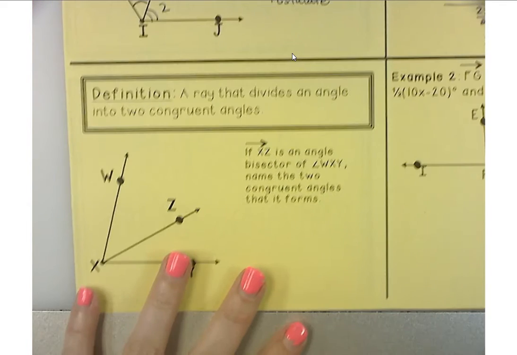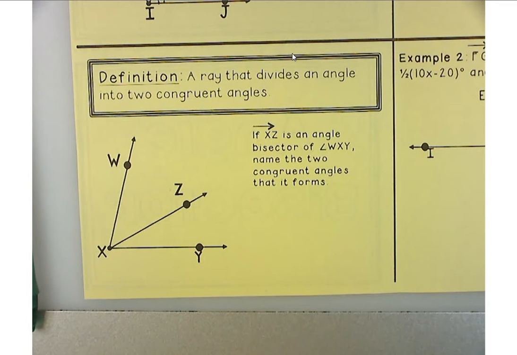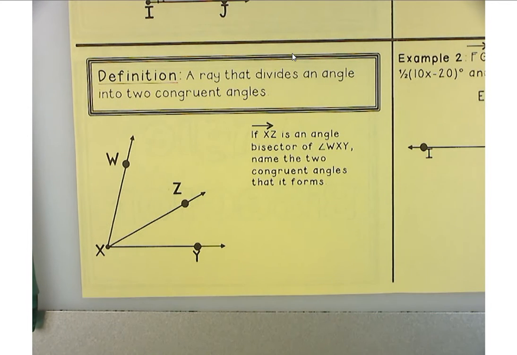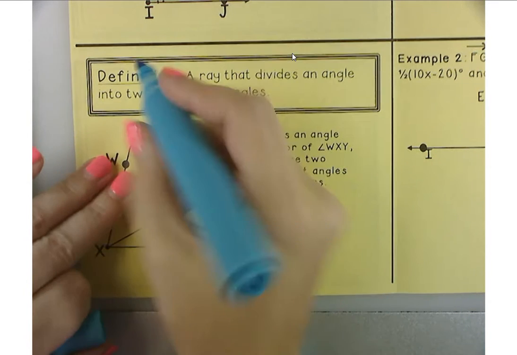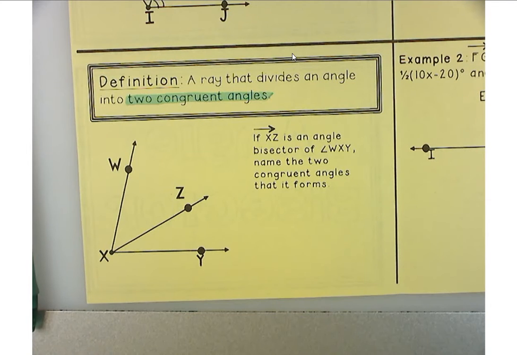And then today we're going to talk about what happens when you have the angle. So the definition of an angle bisector: it's a ray that divides an angle into 2 congruent angles. And so I'm going to take my highlighter. You can also just underline, but the 2 congruent angles is going to be important. So you can either highlight or underline that.